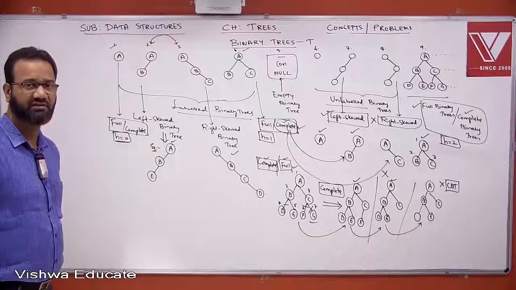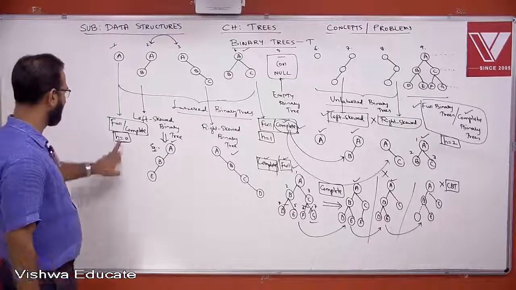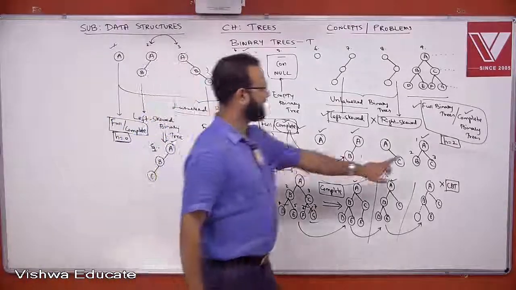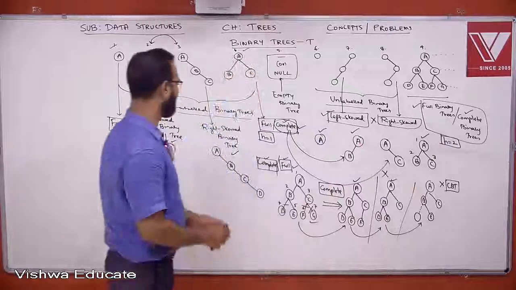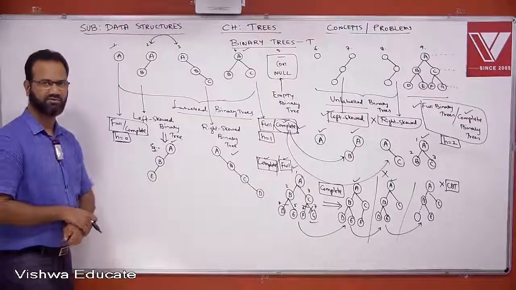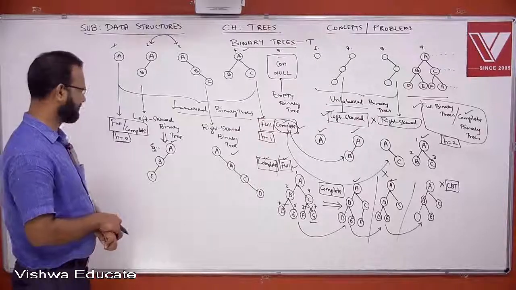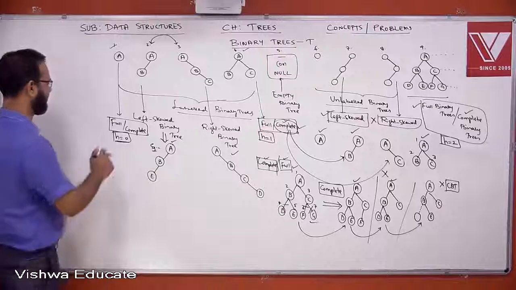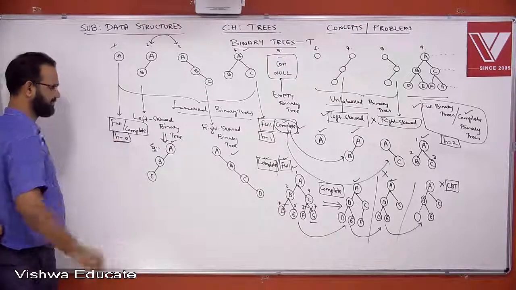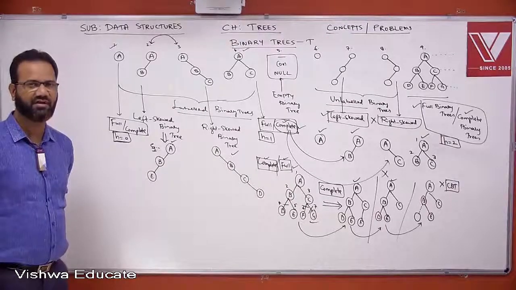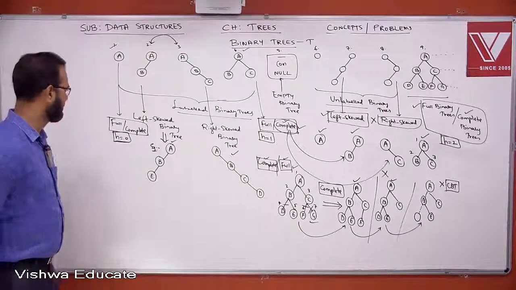Now I have given the height for the full binary tree: height 0, height 1, height 2. We will now define a full binary tree with respect to height. How many nodes should a full binary tree contain?